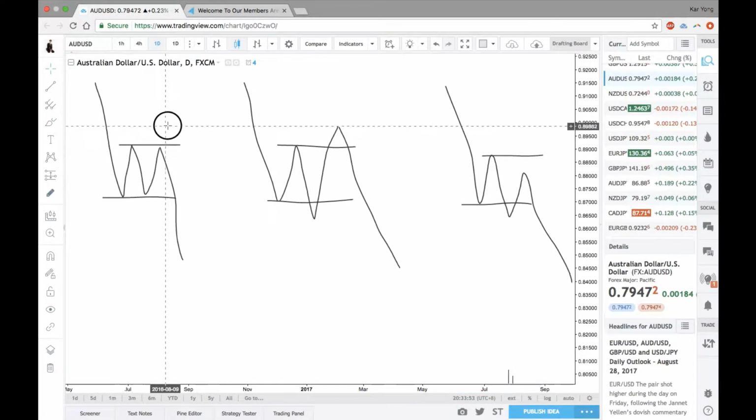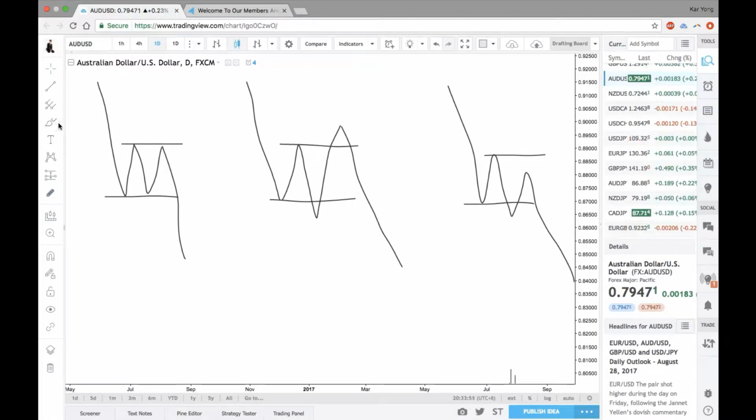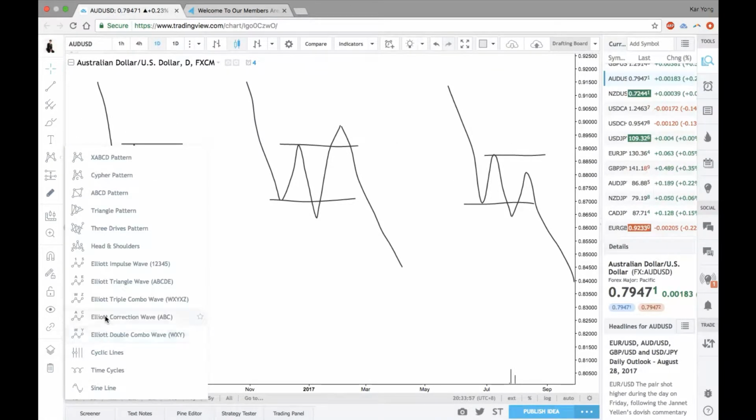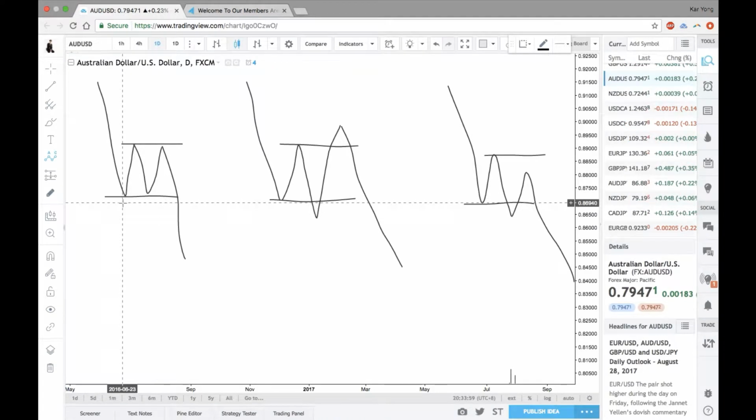How we label this, if you want to put in your labeling so that you know what it means, we usually use ABC. Sometimes if it's a 3-move structure, I'll use WXY. That is the distinction between ABC and WXY. That's just a labeling. A 3-move, you can put as ABC, you can also put as WXY, but I'll usually put WXY for a 3-move.